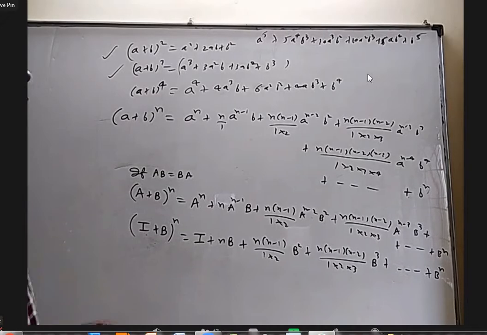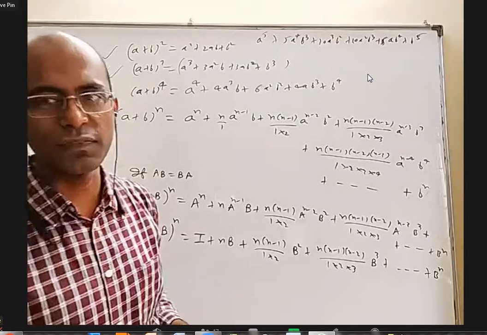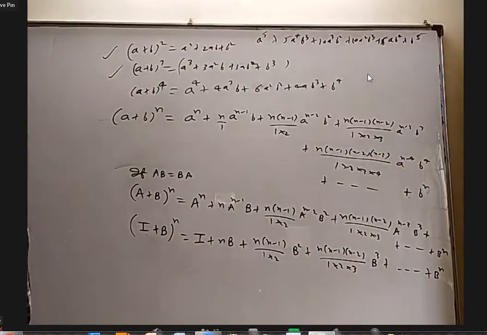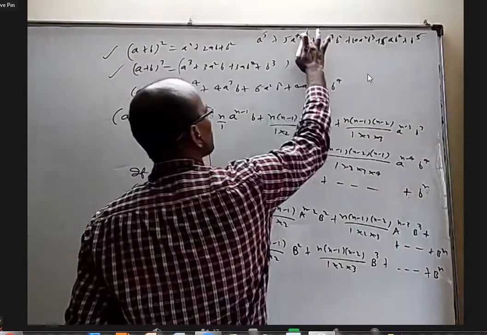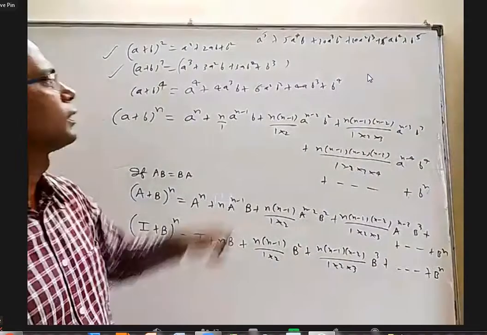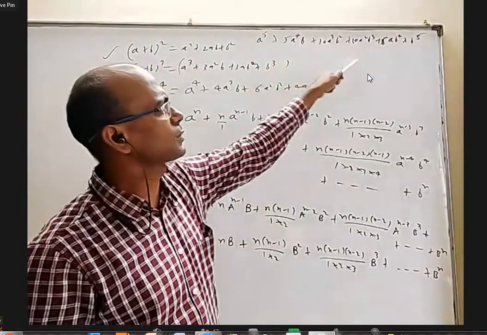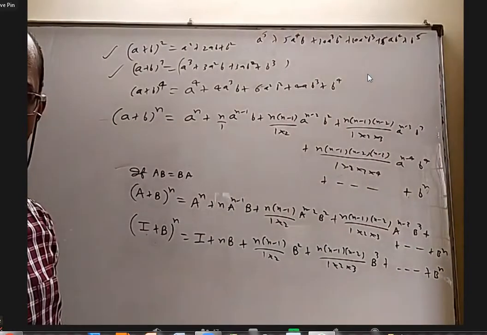Sorry. Okay. If you want 20, it will come in the next step. Power 6, if I take, 20 will come. Sir, 5a power 4 b cube? Yeah, it is not b cube, sorry. It is 5 a power 4 b only. Thank you, Kaushik. Here, only b, next b square, next b cube, next b power 4, next b power 5.